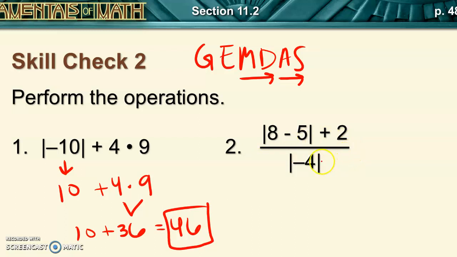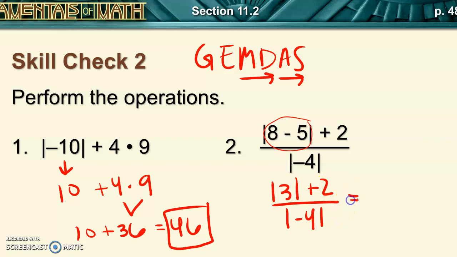Alright, well, what about this one? This one has an absolute value on the top and on the bottom. We have to simplify both of those first before we can apply any other operations. So let's simplify the inside of this absolute value symbol. 8 minus 5 is 3, so this becomes the absolute value of 3 plus 2 over the absolute value of negative 4.